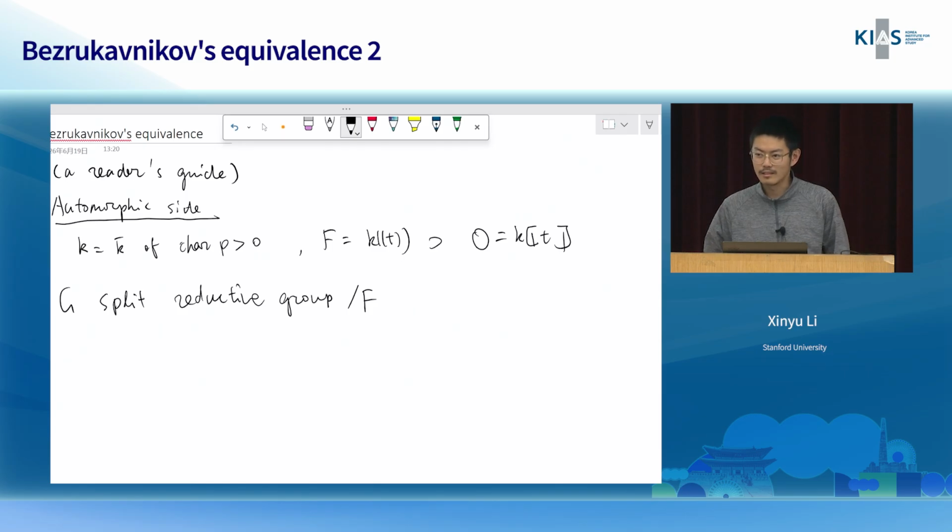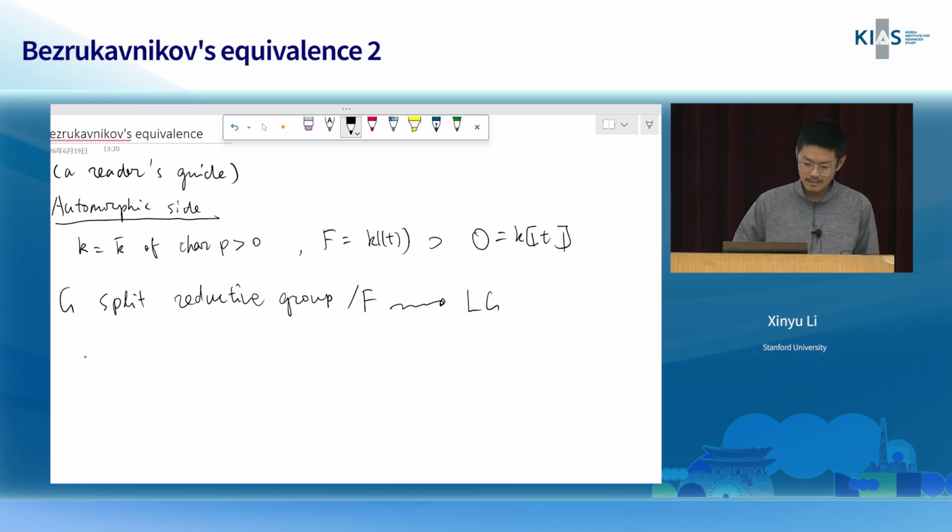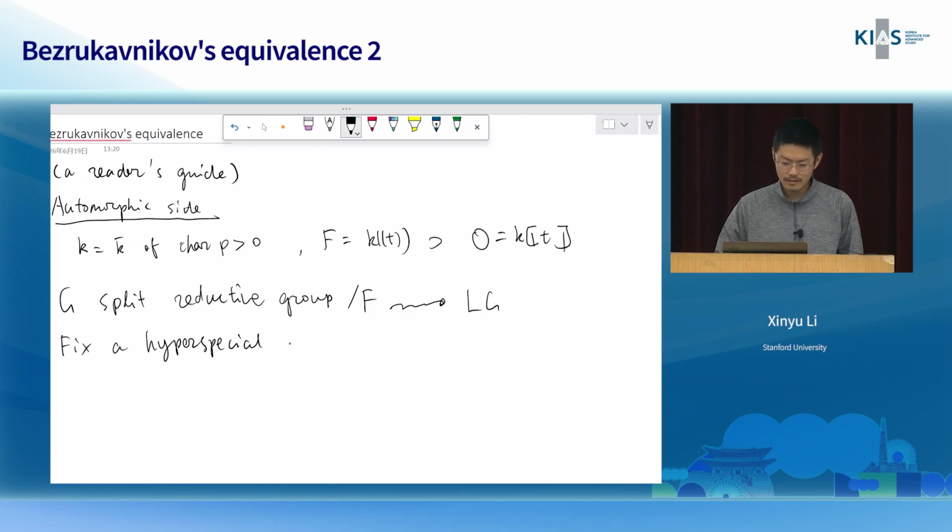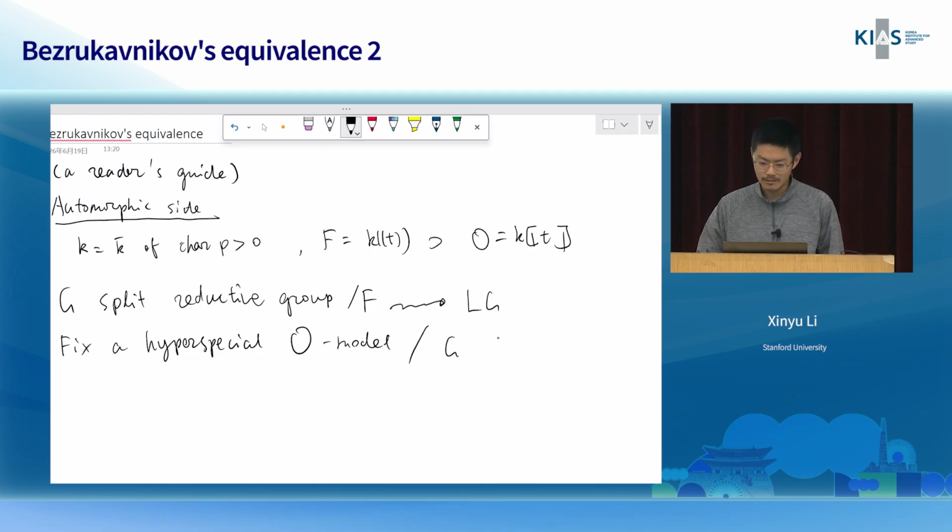And then you can convert it into an object which lives over k by taking the loop group. And I need to fix a hyperspecial O-model of this group G. But since I'm in the equal characteristic situation, for notational simplicity, I may just assume that my group G is defined over k.